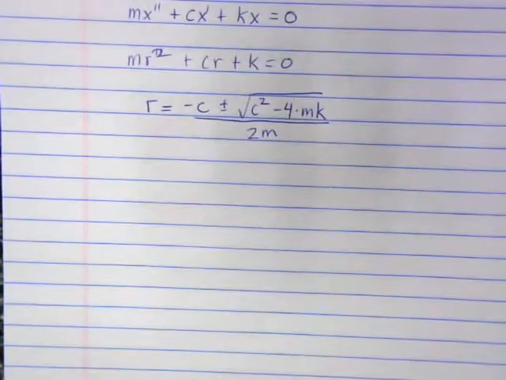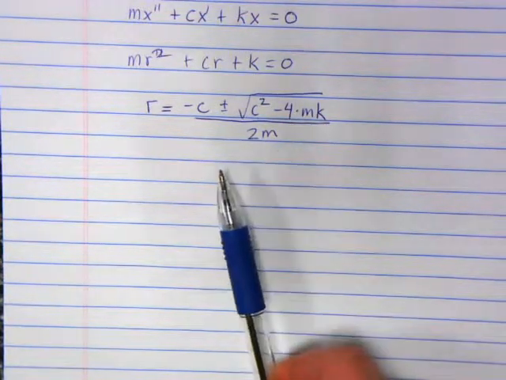All right, so now, what can happen? Imaginary numbers? You might get imaginary numbers. When would you get imaginary numbers? If there was a negative underneath the square root.